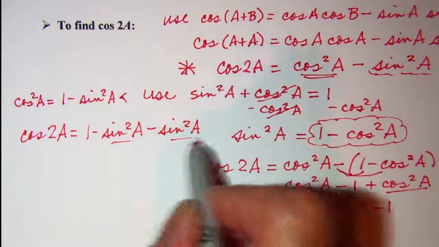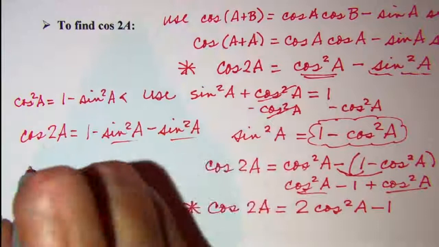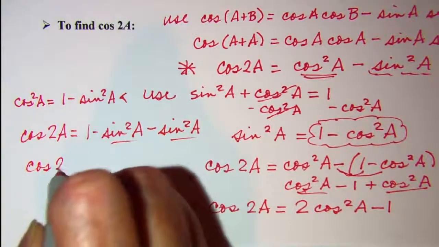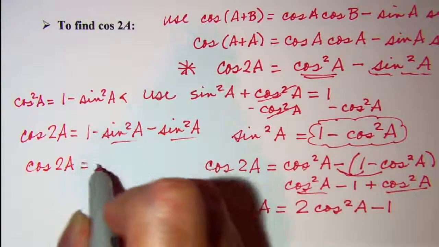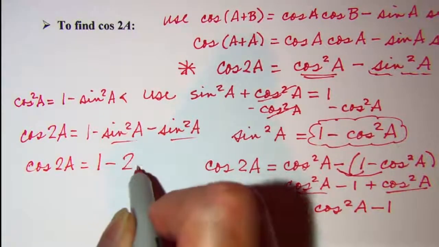So now I can combine these two terms and get my third identity for cosine. It is 1 minus 2 sine squared a.